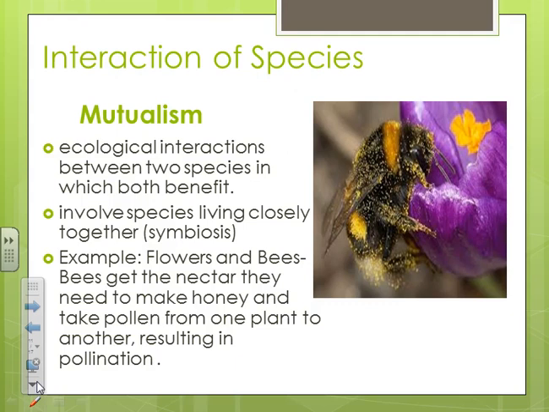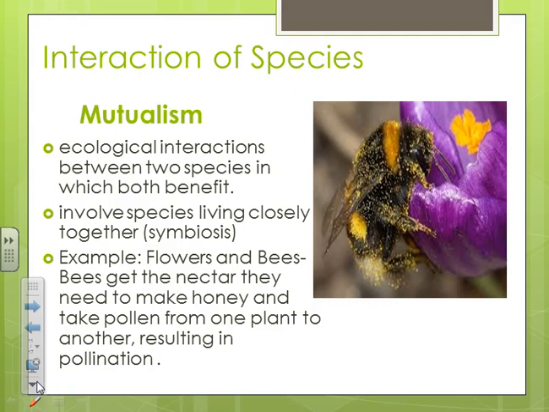Remember that this involves them living closely together in symbiosis. So mutualism is a type of symbiosis. You might want to write down the examples, hint, hint. Remember, I tend to use these examples quite a bit on my unit test. So the chances of mutualism on your unit test being described as this is very high.